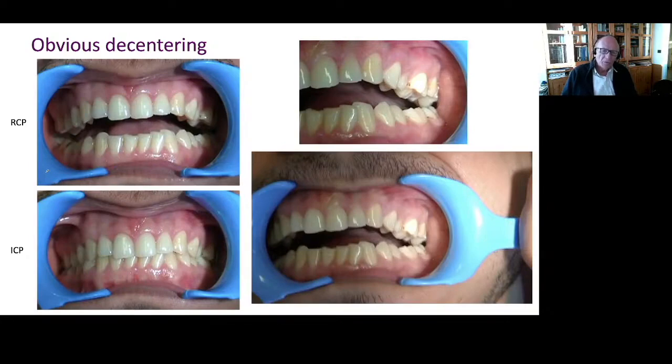Look at this patient. This is globally the same type of case. It is an obvious decentering. ICP here and RCP here with a pre-contact prematurity here. By chance, I have a video.